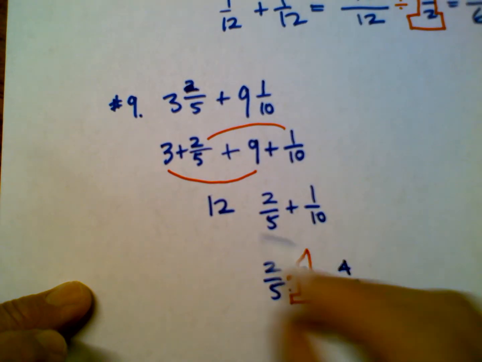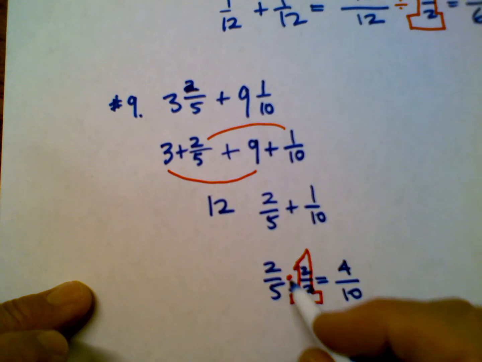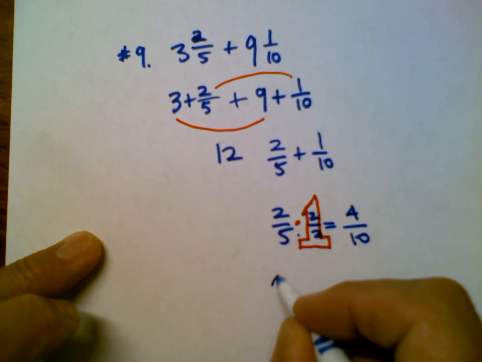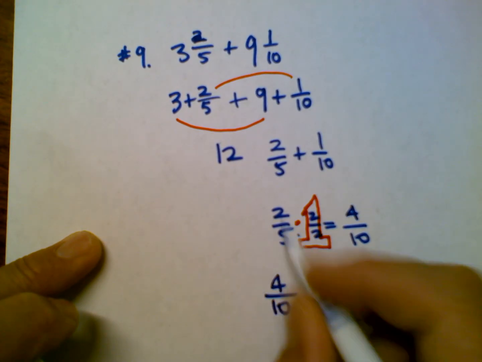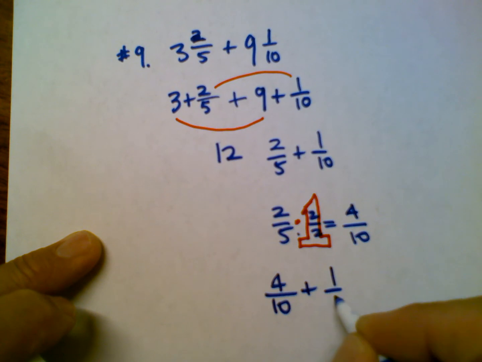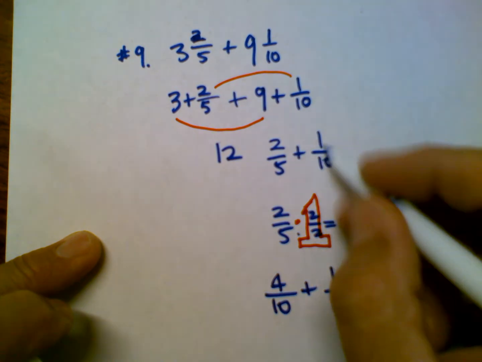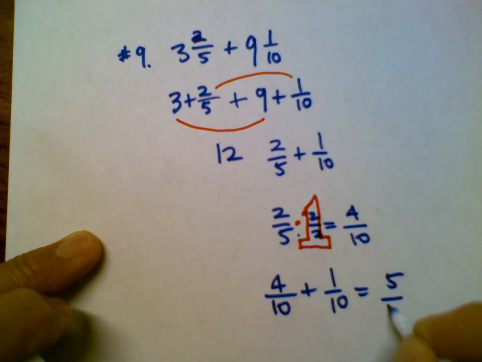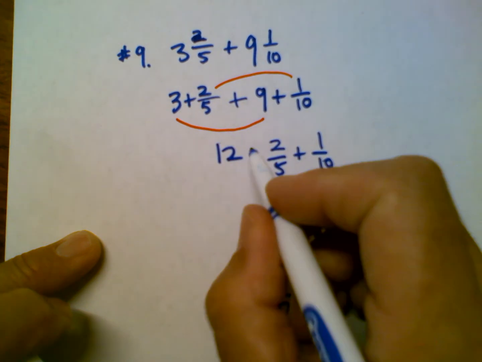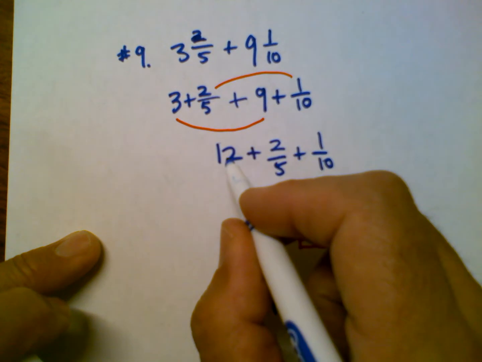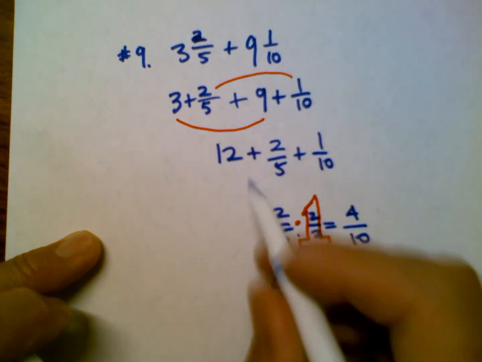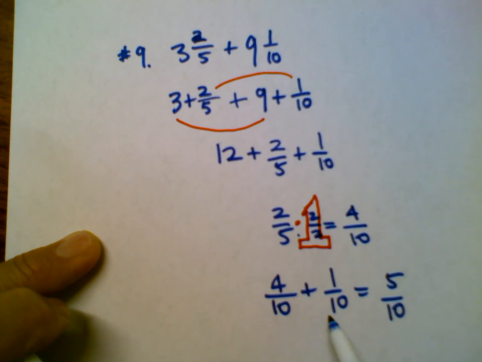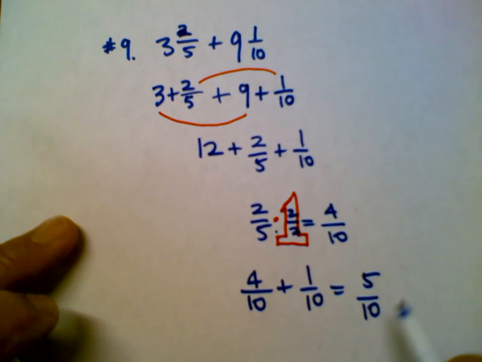So now my fractions here are 4/10 instead of 2/5, plus the 1/10, because I'm still adding that one fraction, which is going to give me 5/10. I still have up here my whole number 12. So 12 plus the two fractions added to be 5/10. 5/10 though, I can simplify that, right?